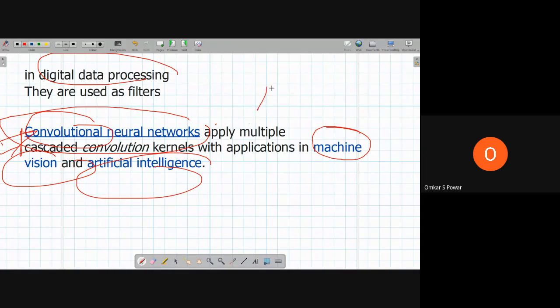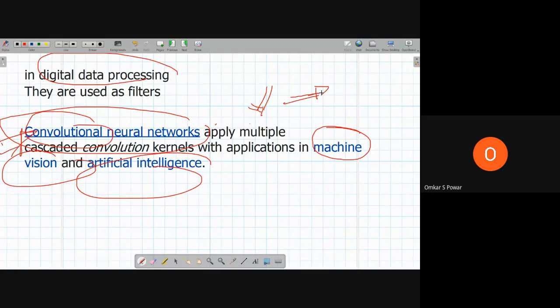So whatever I'm teaching you is applied in the present day. If you check any jobs, highly paid jobs are machine learning, artificial intelligence, and those kinds of things. So in order to know that, you should have a strong basis of signals. Machine learning, artificial intelligence, all this basis is signals and systems.